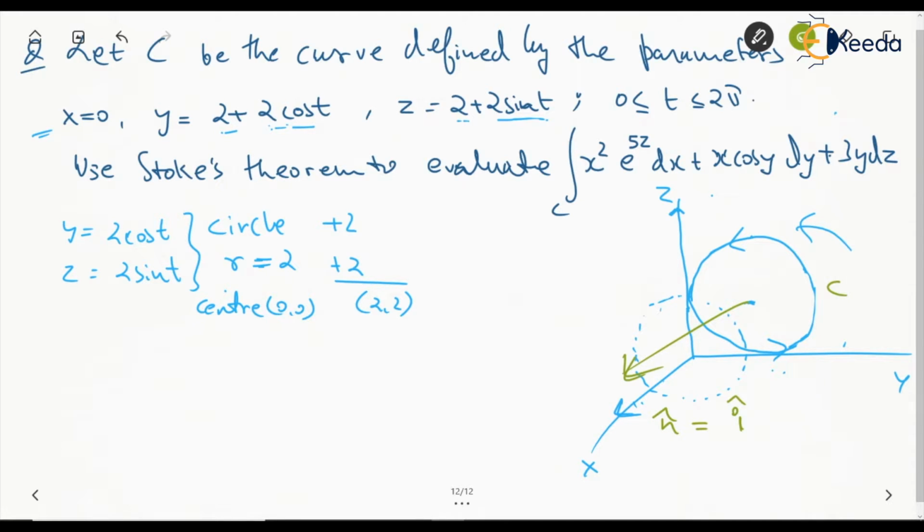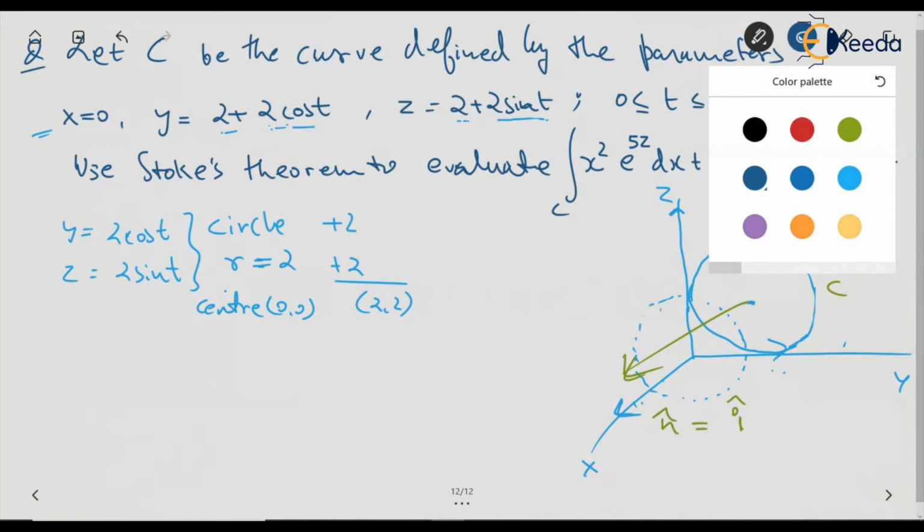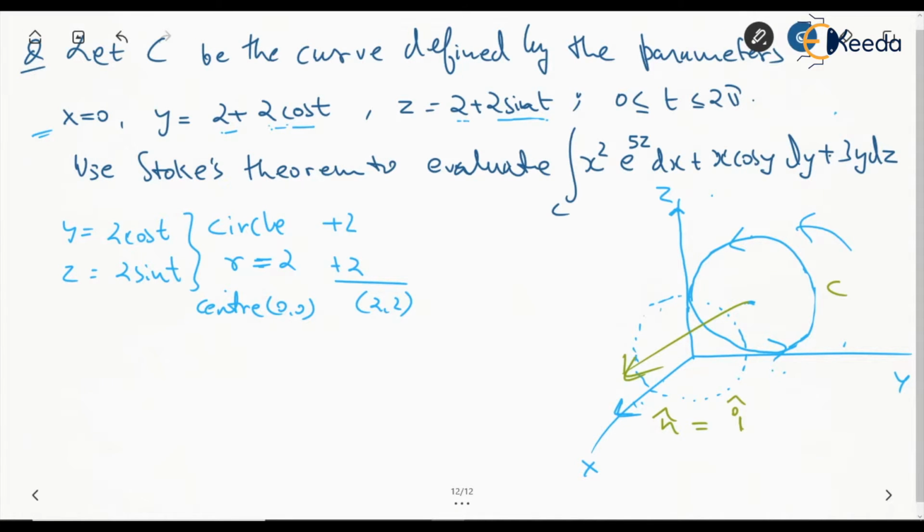Now we need to convert this into a surface integral. We can see that this is f1, this is f2, and this is f3. So your field vector is x square e to the power 5z as i component plus x cos y as j component plus 3y as k component. So we need to find the curl.